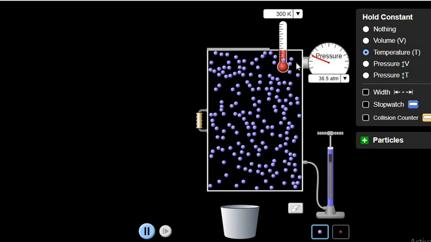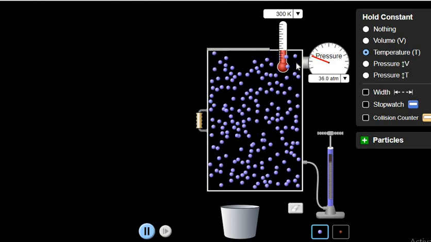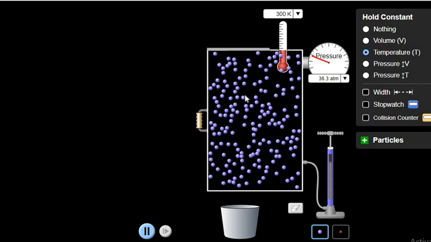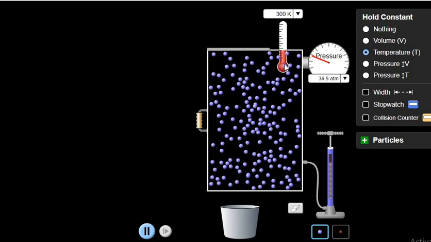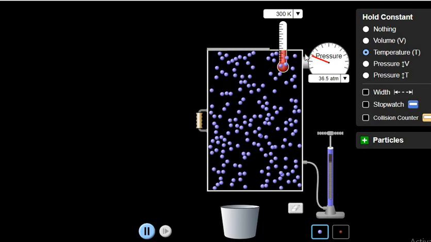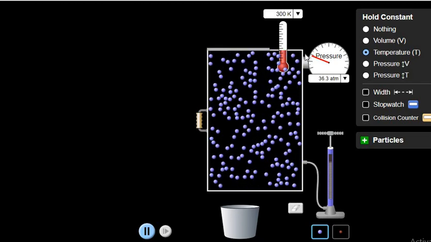So if more and more particles collide with this wall, more force is applied on this surface area inside the container. That means I will have a very high pressure.